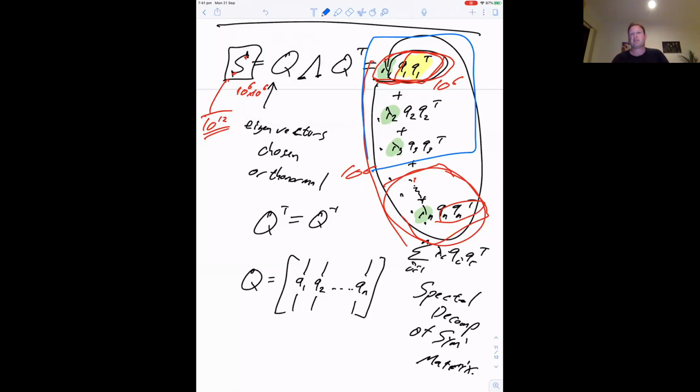That's in a sense what you're doing in PCA. So if S is your covariance matrix, as I'll show now, that's PCA. But a different view of PCA is via SVD, which generalizes this. SVD allows you to do this for non-symmetric matrices. Okay, all right.